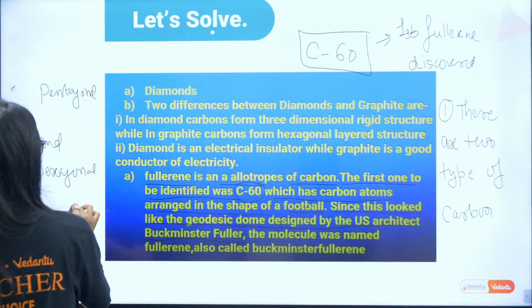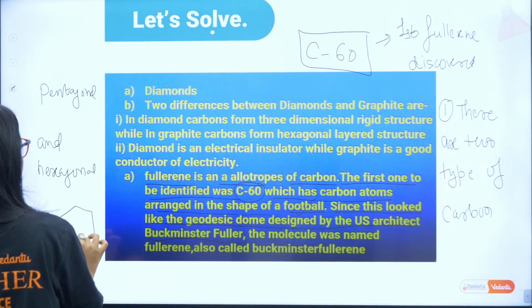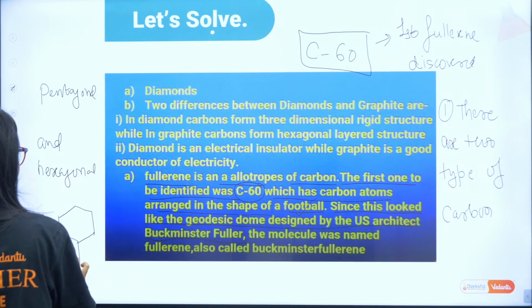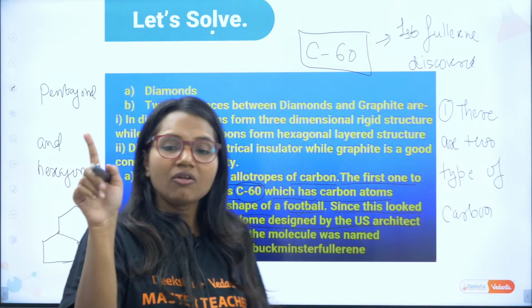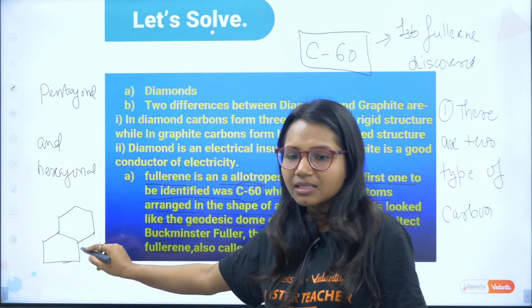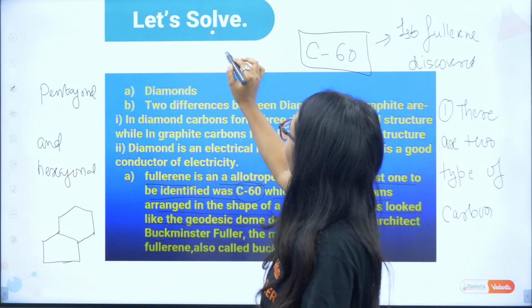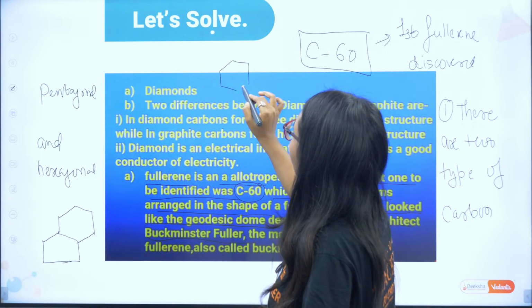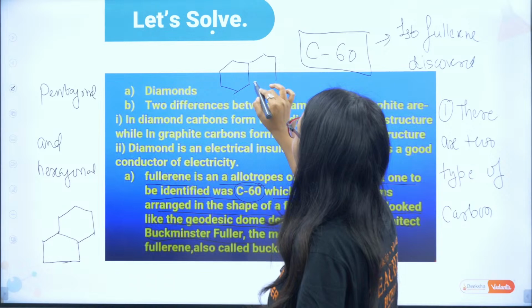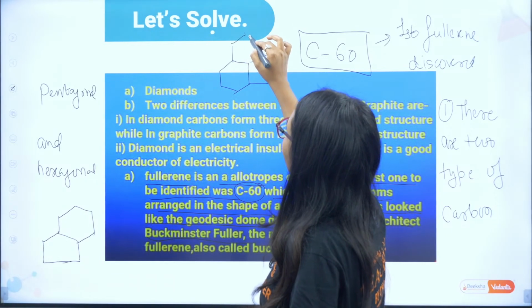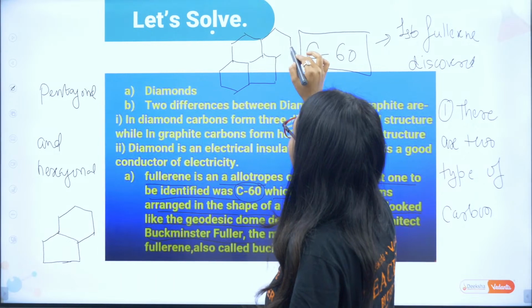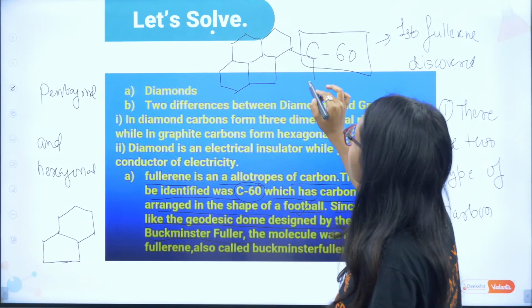Okay, it is like this. See, this is your 6-membered ring. In the same way, can you see? The whole fullerene structure is made like this. I'll make it here, see. This is the 6-membered ring, and here you have a 5-membered ring. Again it will form a 6-membered ring, again 6, then 5, again 6.